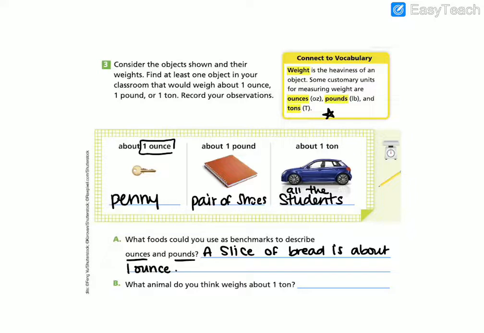So if we're keeping with the theme of bread, if we have a loaf of bread, it's made of a bunch of slices, that is about 1 pound. So we need to answer, what animal do you think weighs about a ton? So think about something that weighs about the same as a car. The animal I'm going to go with is a horse.